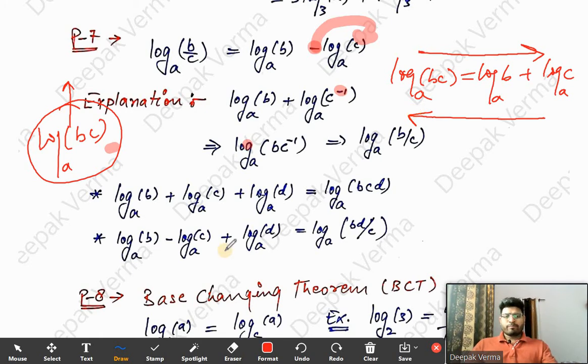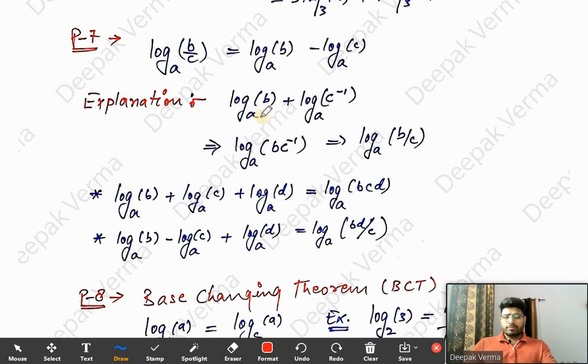Is it clear? So we can write log b plus log c to the power minus 1, like log b into c to the power minus 1. Is it clear? And c to the power minus 1 means 1 over c. That is, we can write log b over c. Is it clear? I hope it is clear. Fine enough.